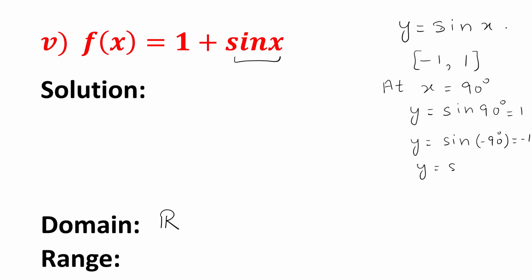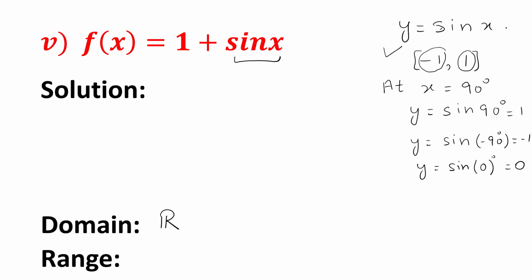When x is 0 degrees, the answer for y is 0. It means whatever the value of x, the answer lies between negative 1 and 1. Also, negative 1 and 1 are included in our answer. It means the range of the sine function is this one.